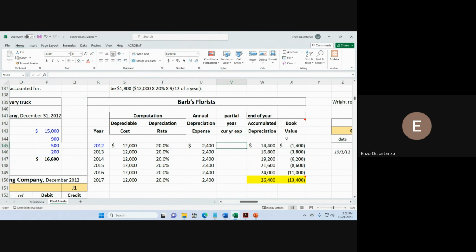So this is going to be equal parenthesis. So you're not showing that 9/12 initially, right?